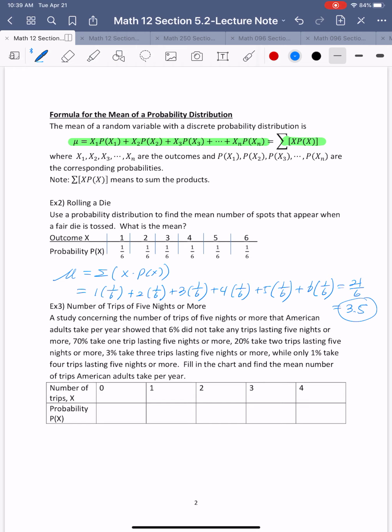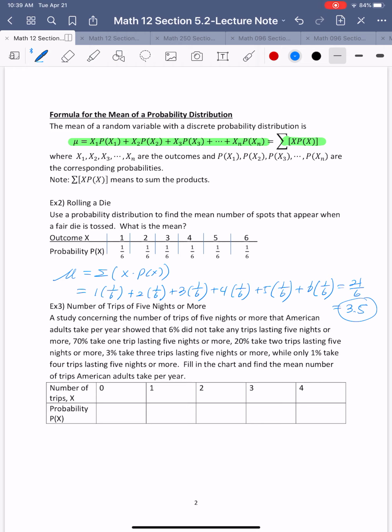Only 1% take 4 trips lasting 5 nights or more. Fill in the chart to find the mean number of trips American adults take per year.